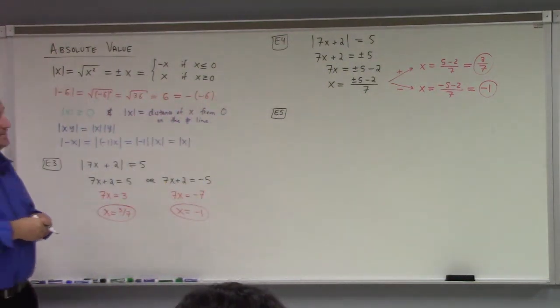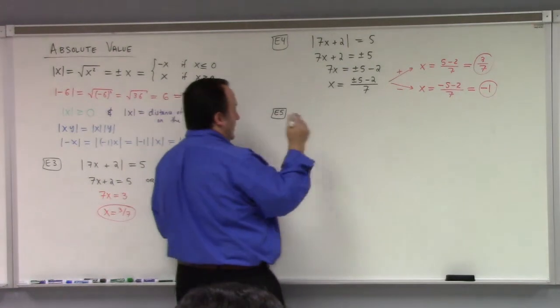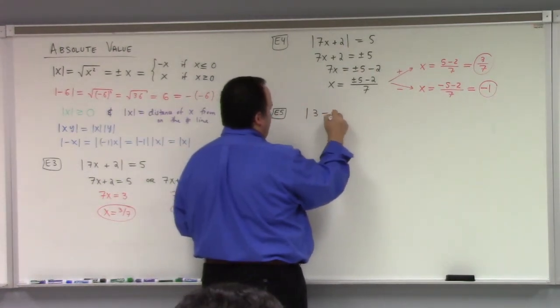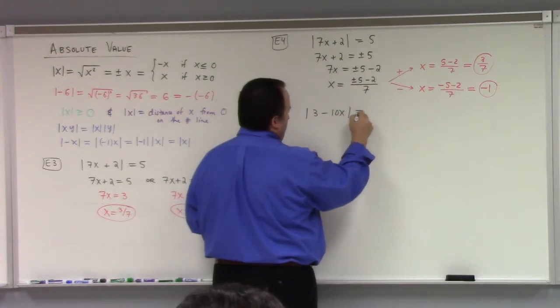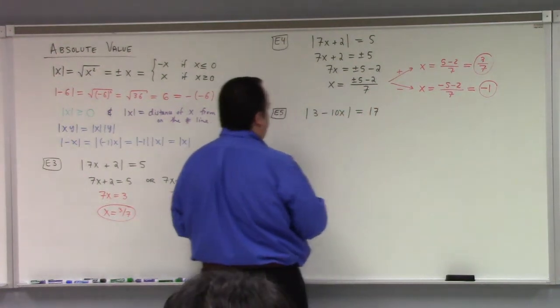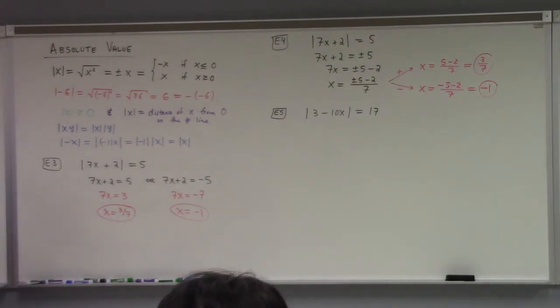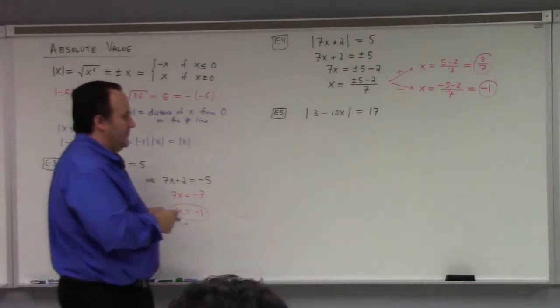Okay, here's another one. Suppose we're looking at the absolute value of 3 minus 10x equal to 17. Can we solve this equation? I will use Gabrielle's method.